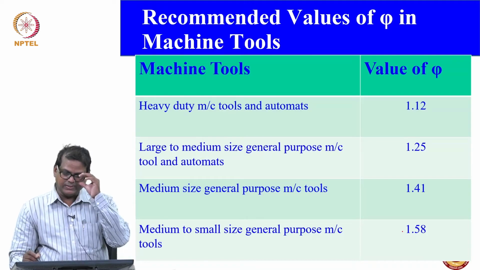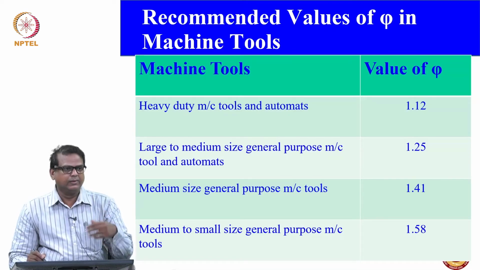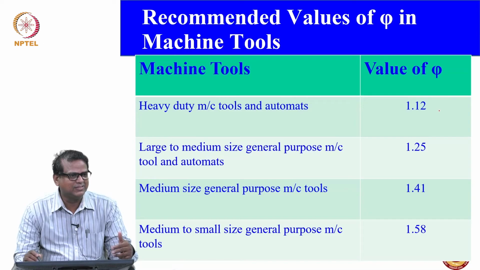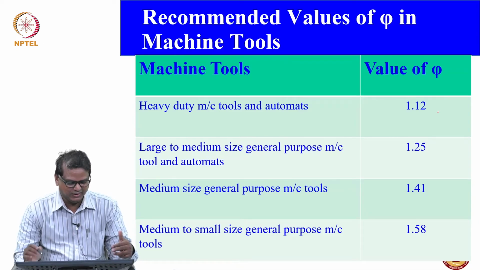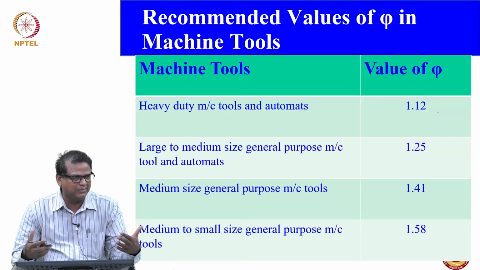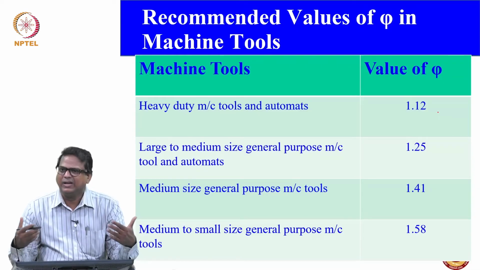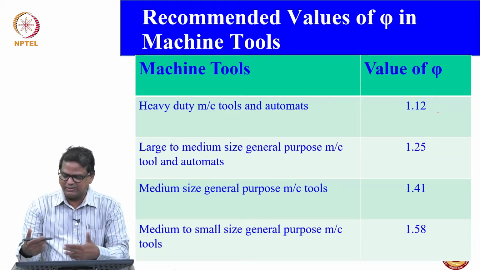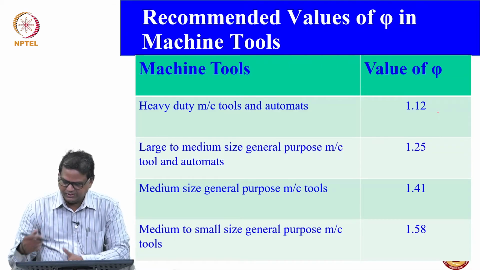It clearly indicates the more the precision, the lower the step ratio. Whereas for general purpose, accuracy is not very important, right? The precision is not important. In that case, the step ratio can be higher. That's the information you will get from this table.